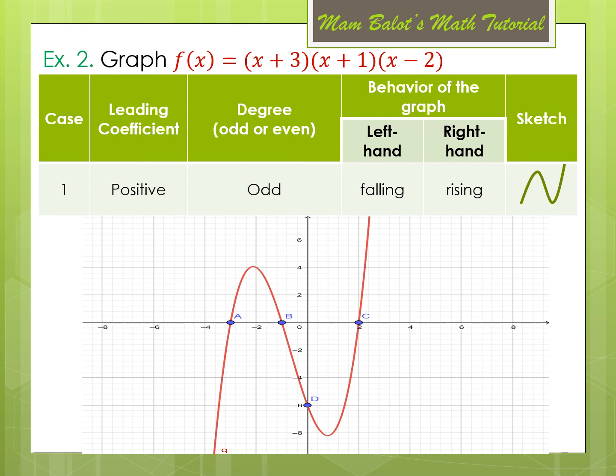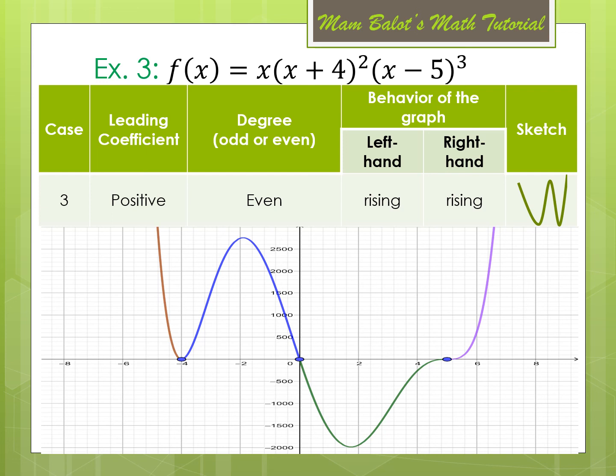In example 2, the leading coefficient there is also positive, but the degree is odd, since the degree here is 3. So that would be case number 1. So the behavior of the graph is falling on the left and rising on the right hand. In example 3, the leading coefficient is positive and the degree is even because the degree there is 6. So it is also in case number 3. So it must be rising, rising. That is why the graph there is rising on both the left and the right hand.